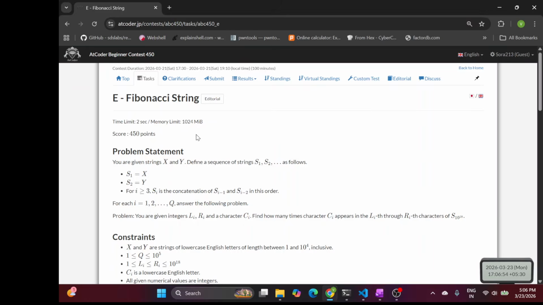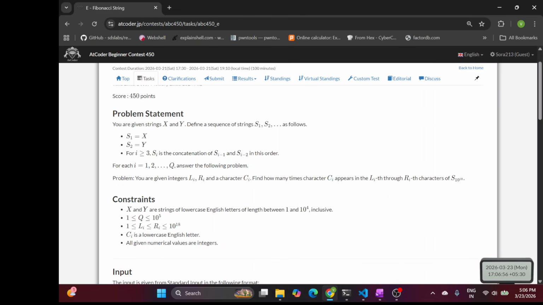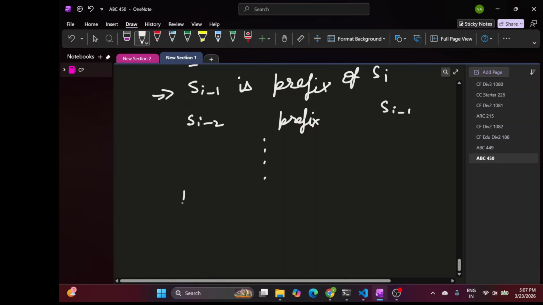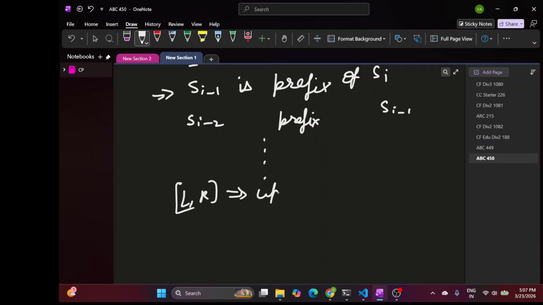And we can see that we are only interested in characters from 1 to 10^18, right? Like L comma R can only go up to 10^18, right?